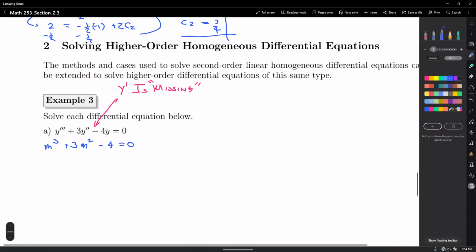Okay, how do we solve this cubic equation? Well, whenever we have cubic equations with 4 terms, in some cases we can solve them by factor by grouping. However, we only have 3 terms.